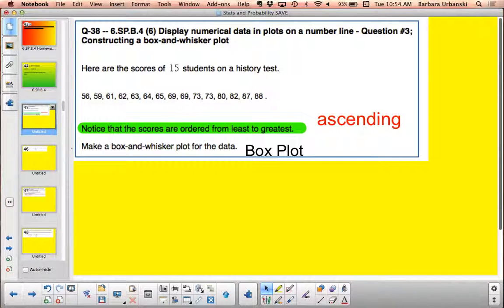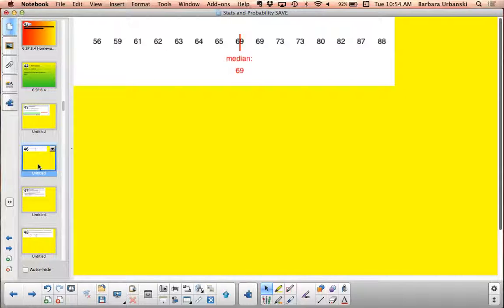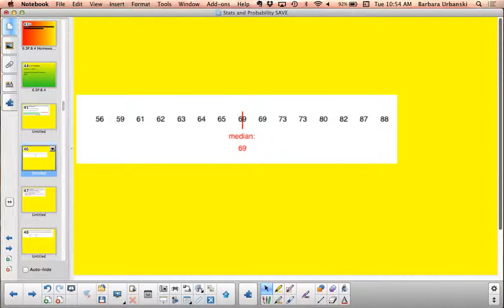And so the next step would be, and in your notebooks, you should make sure, no matter where you do your work, that you are able to list your information like we have here from the least to the greatest so that it is all on one line.